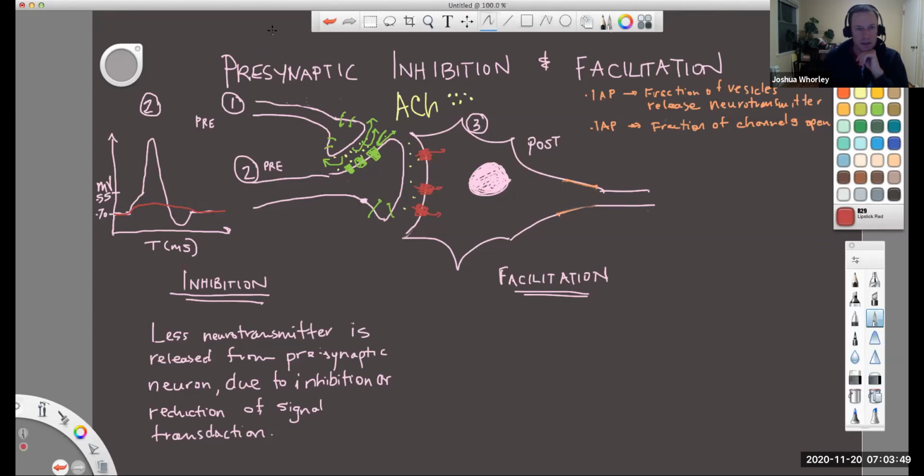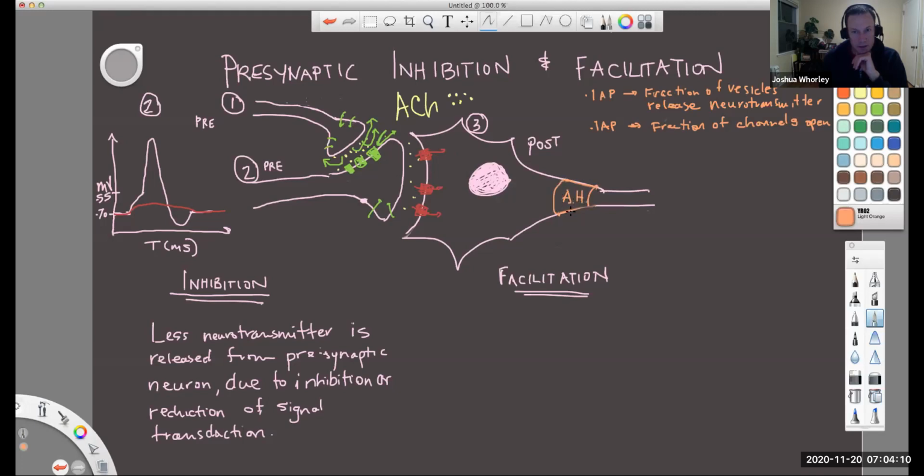And of course, the last thing to remember about this is, we're talking about charge entering and propagating, diffusing passively from this point of entry all the way to here, which is our trigger zone or our axon hillock.